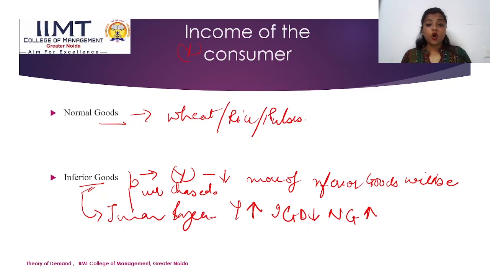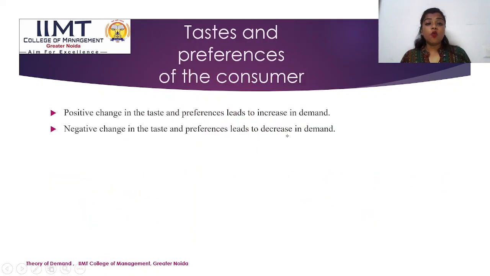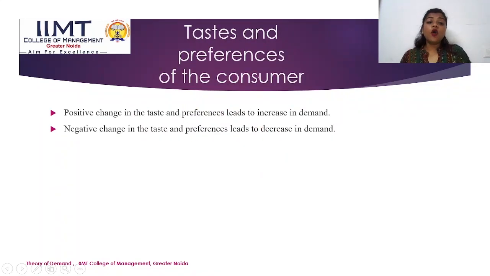So from here we can say if a person earns more, they will purchase more of normal goods, and if the income of a person is less, they will purchase more of inferior goods. Now moving on to taste and preferences. If the taste and preferences are in favor of the goods and services.